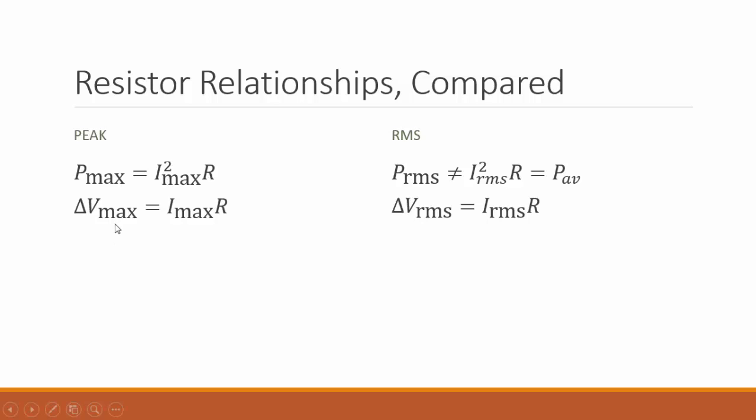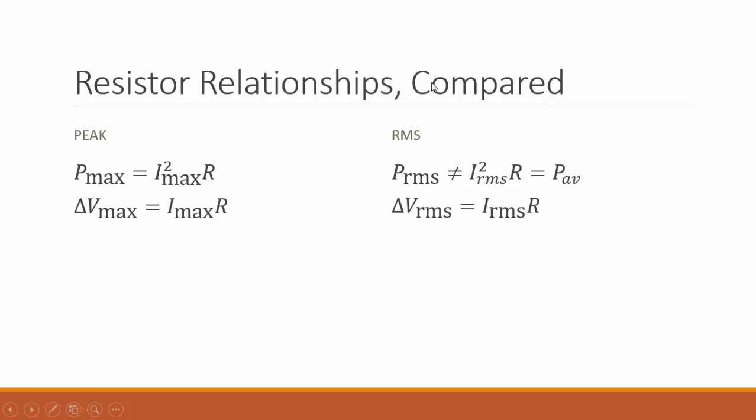Again, you can call it peak or max equivalently. Ohm's law still works if you plug in the current and voltage drop maximums. So everything is correct here if we just use the peak ones.